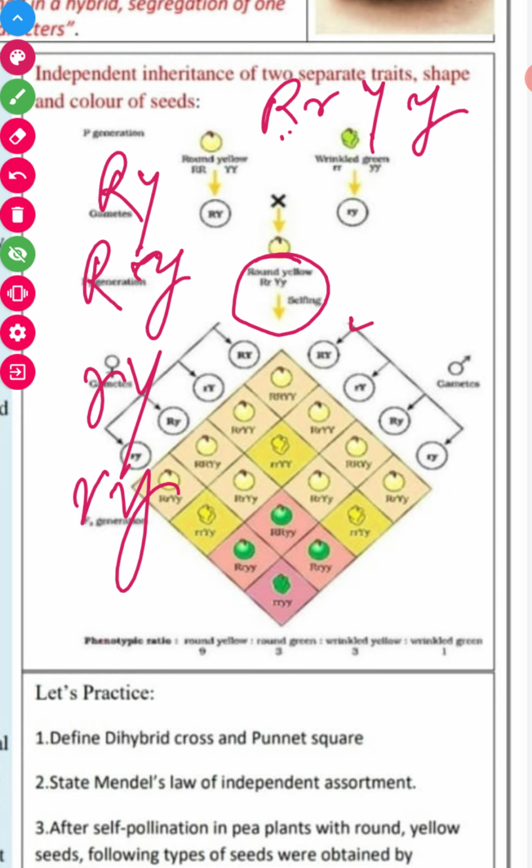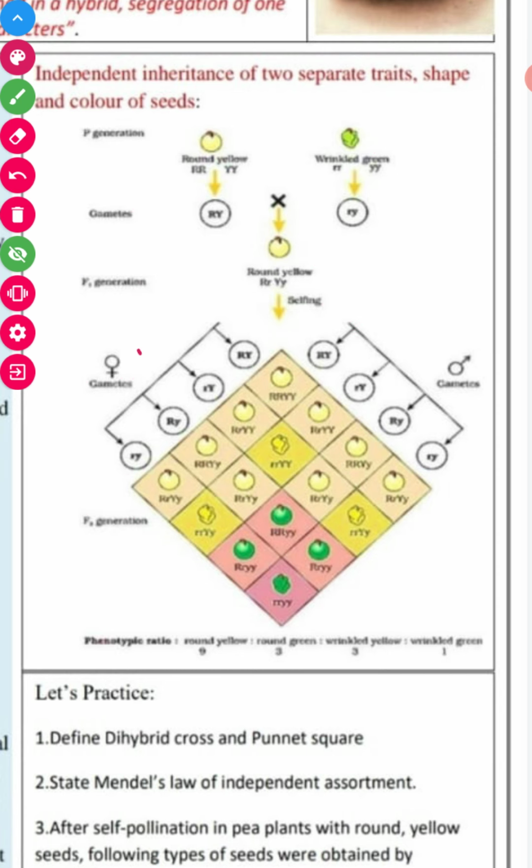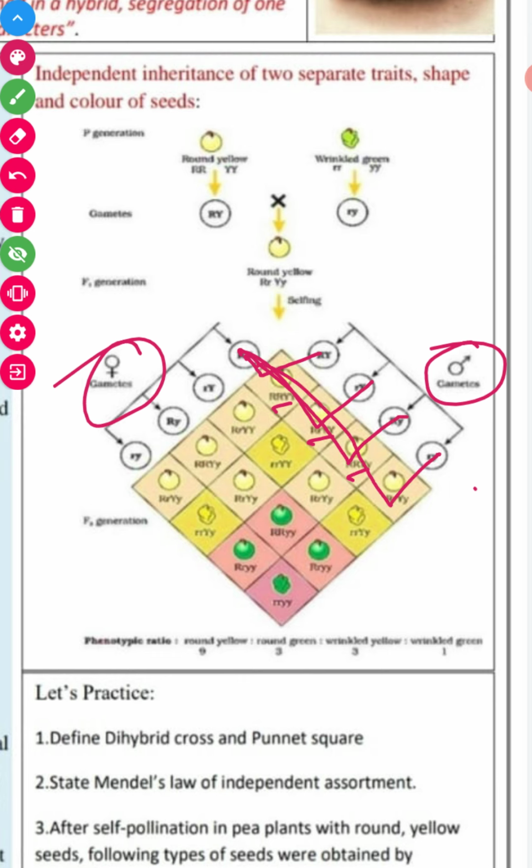So these gametes should be written on either side of this square. This is from the female gametes and this is from the male gametes, and here we have written them like this. When we make the cross, this combines with this, and this combines with this, and we write down the possible outcome for all of these.